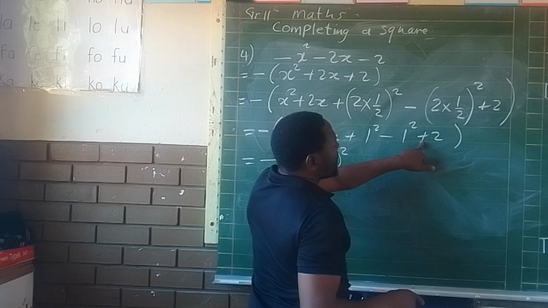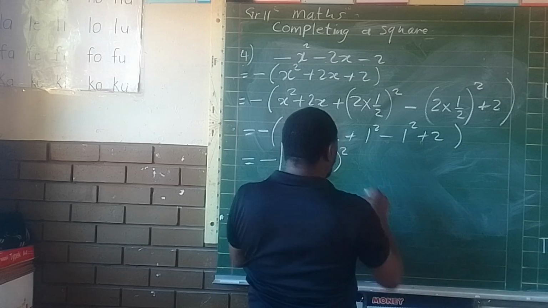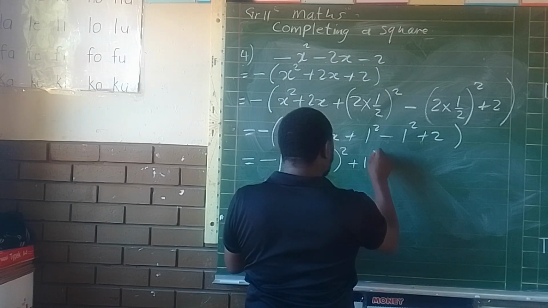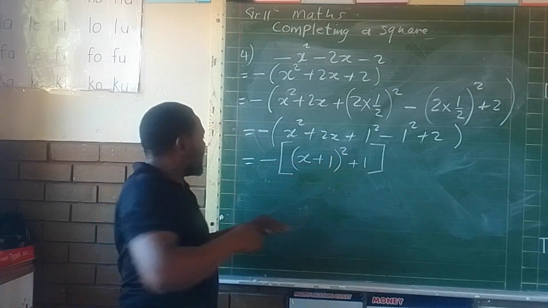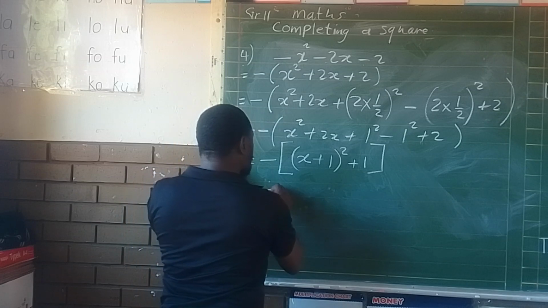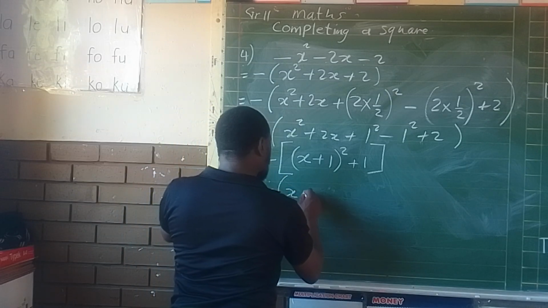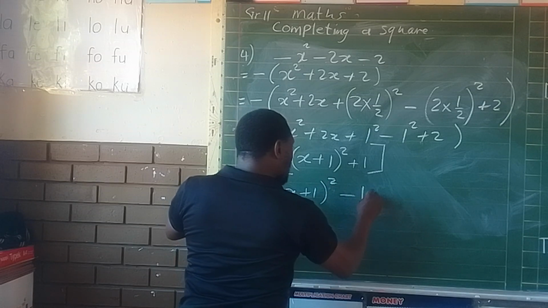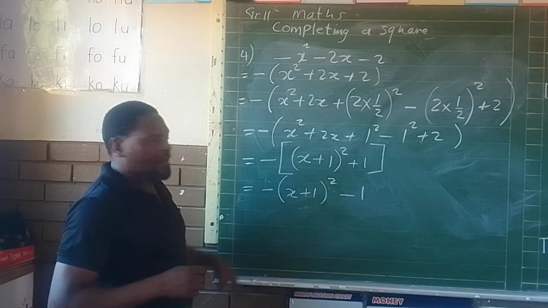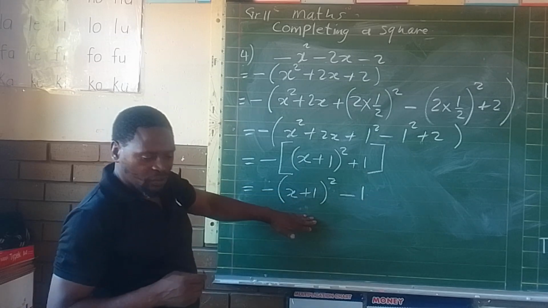It's 1 minus 1 plus 2 is 1 plus 1. Close your bracket. Now you can distribute your negative side inside, which is minus into x plus 1 squared minus 1. See, this is the end of the story.